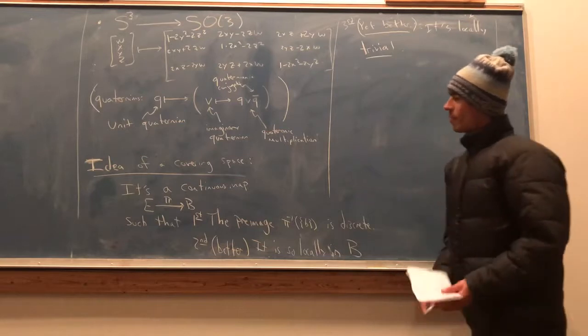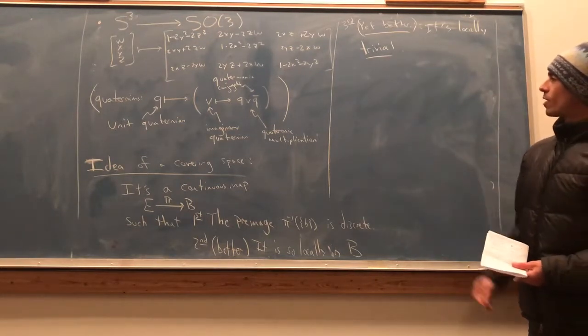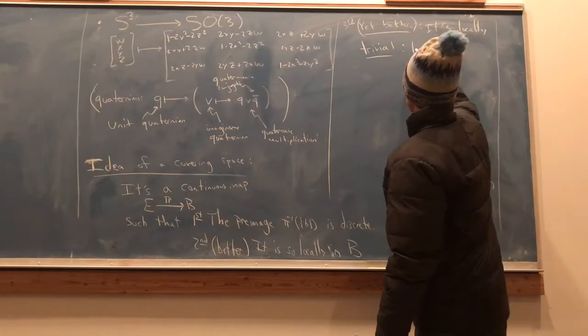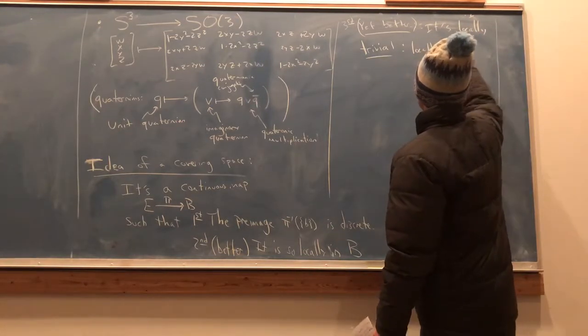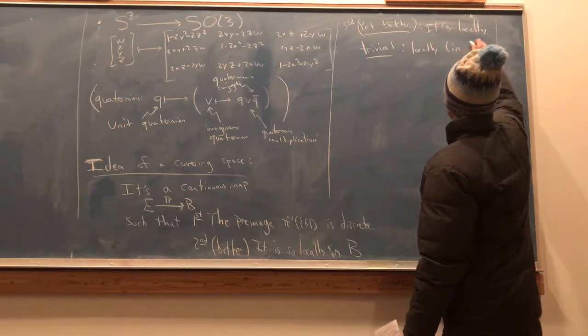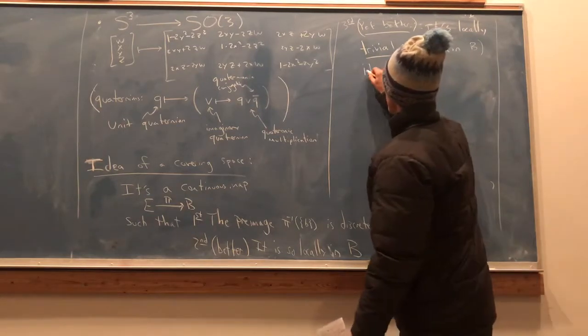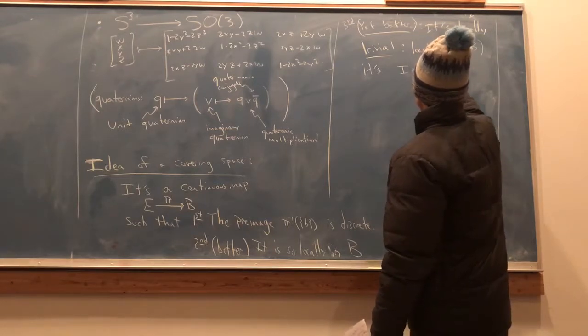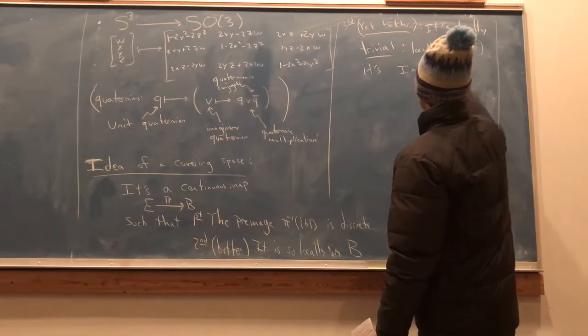So now remember in the previous board an example of a trivial covering space. So it's locally in the topological space B. It looks like this. Projection.